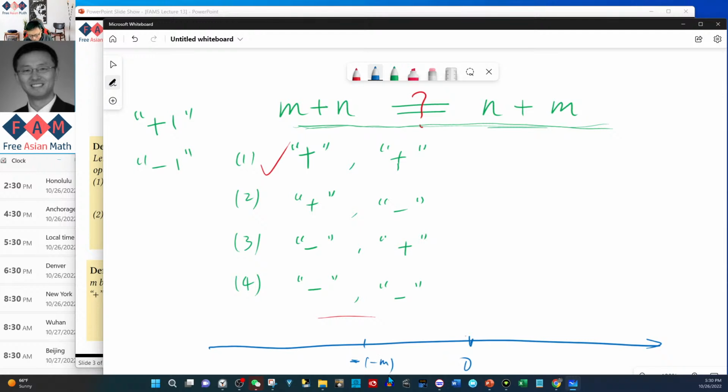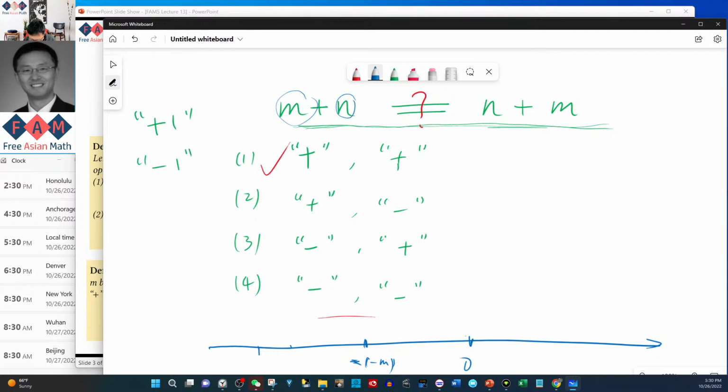That means that m is on this side. m is negative, so negative m is actually positive. That's why we put it on this side here. So this is m. But n is another negative 1. So think about the positive portion of both m and n.